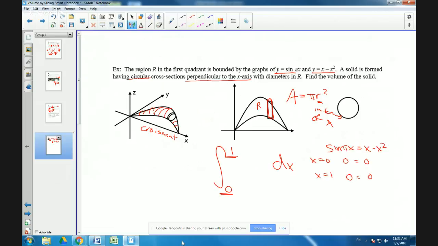Now, what's our area formula? Which one's on top? Because we do top minus bottom, right? Well, if x is 1/2, what do you get?